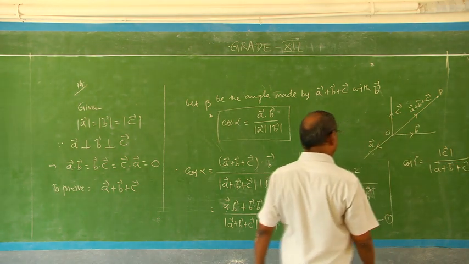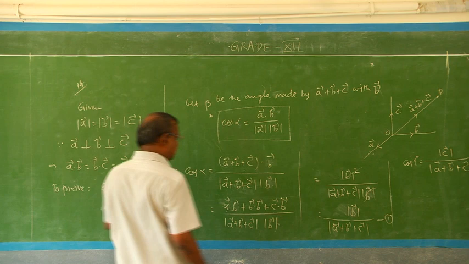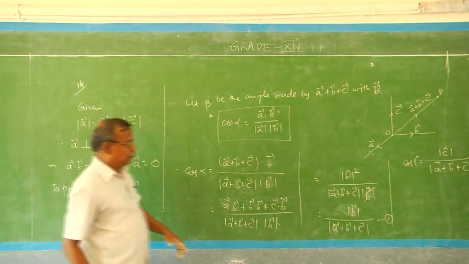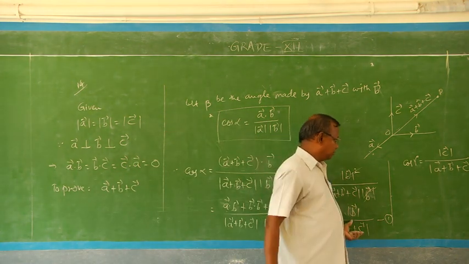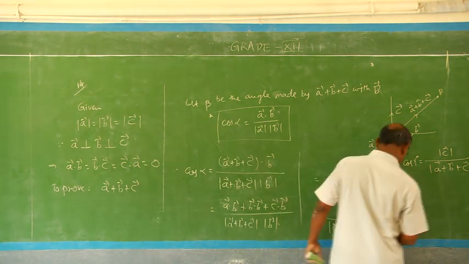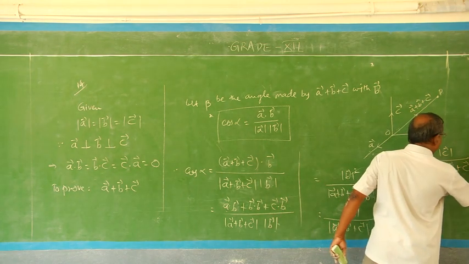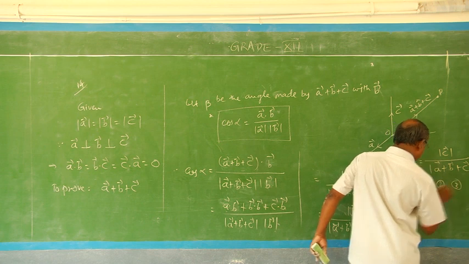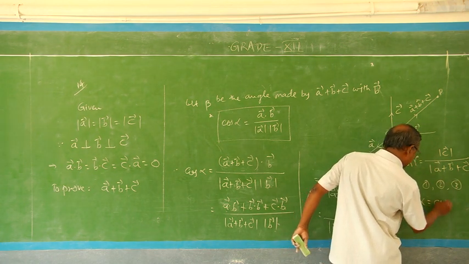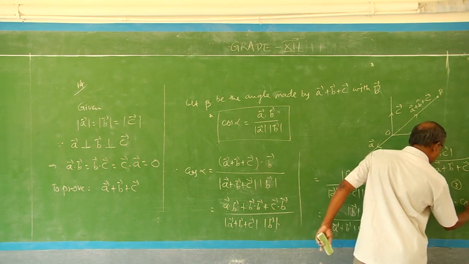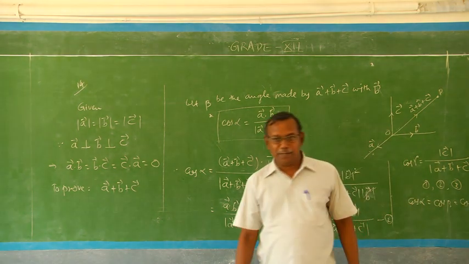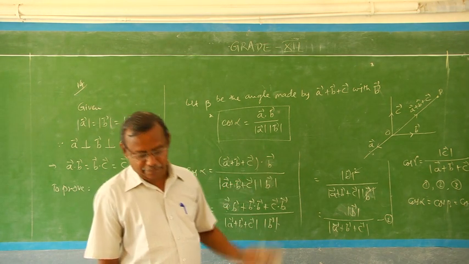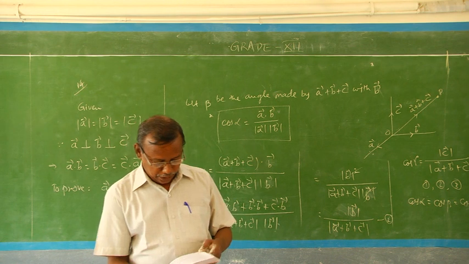Since the numerators are equal, that is modulus of a equals modulus of b equals modulus of c, and the denominators are also the same, so from these three equations, cos alpha equals cos beta equals cos gamma. Therefore, the vector a + b + c is equally inclined with the vectors a, b and c.